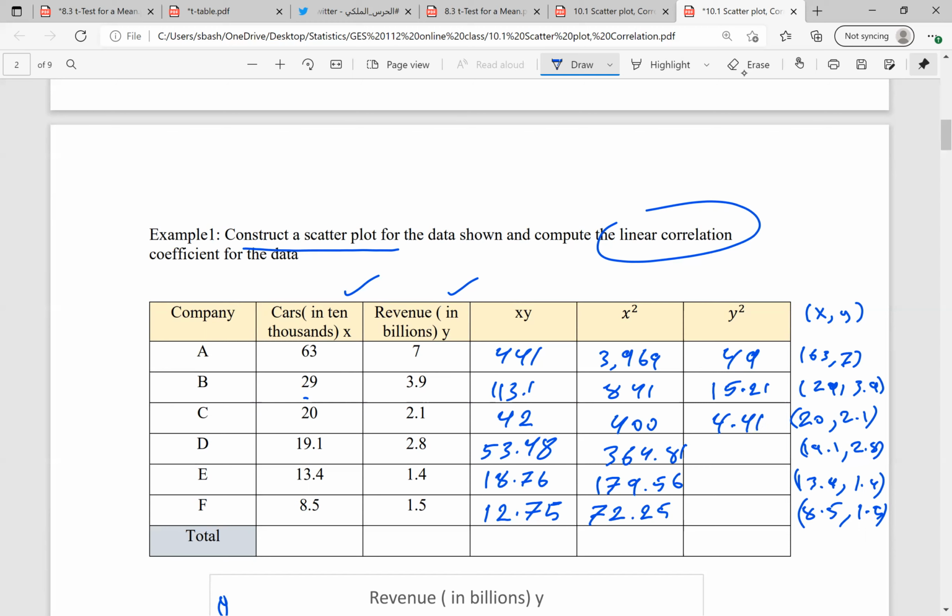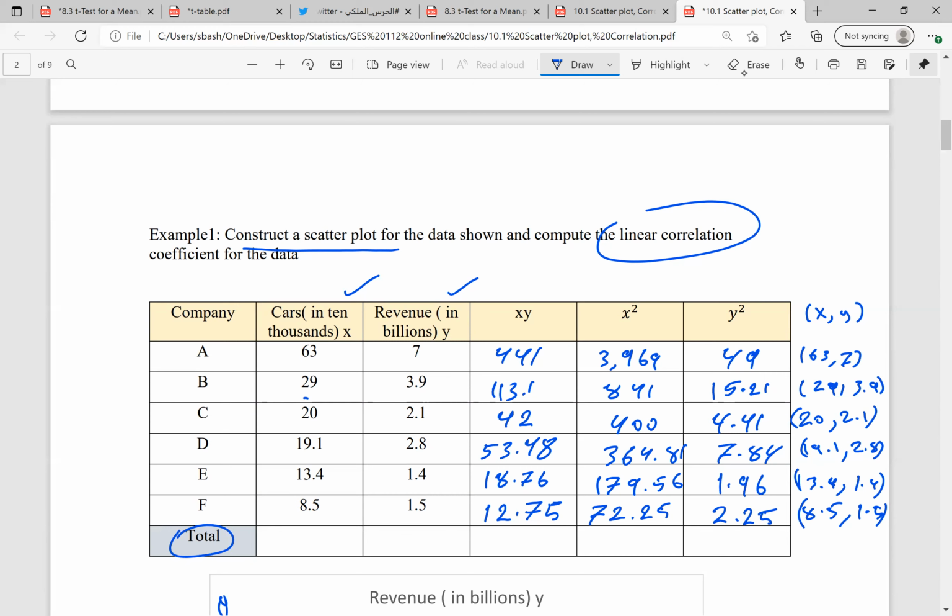Next one is 2.8 squared, that will be 7.84. Next one is 1.4 squared, which is equal to 1.96. And last one is 2.25.